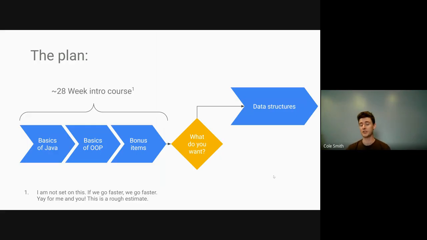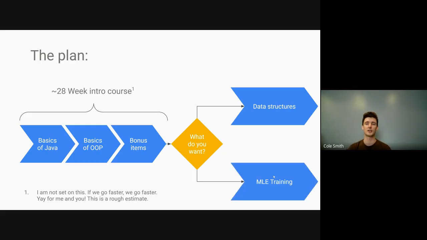I'm going to have a data structures course that is going to be the follow-up to this one and take us through the next stage. After data structures, there would be a handful of others, which we can cover as we get there. But just to let you all know what is next, that is one of our options.